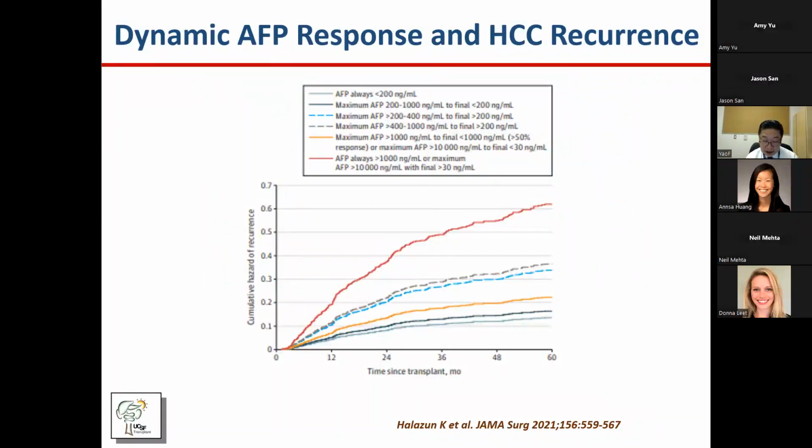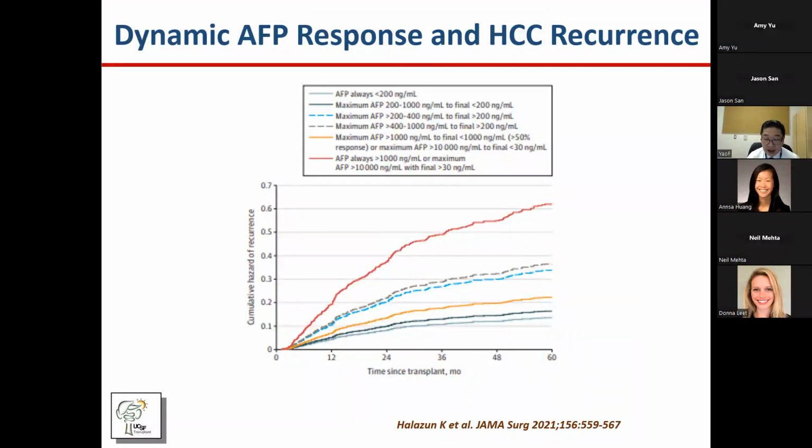And this is a nice study by Kareem Hallison, looking at the change in AFP, or dynamic AFP response, on post-transplant outcome. This is a large international study, over 2,000 patients.